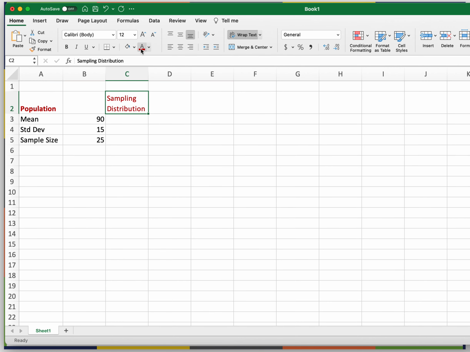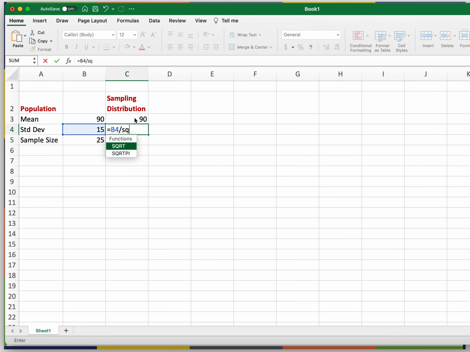The mean is going to be equal to the same. Doesn't change, but the standard deviation is going to be equal to the original standard deviation divided by SQRT, which is square root of the sample size.